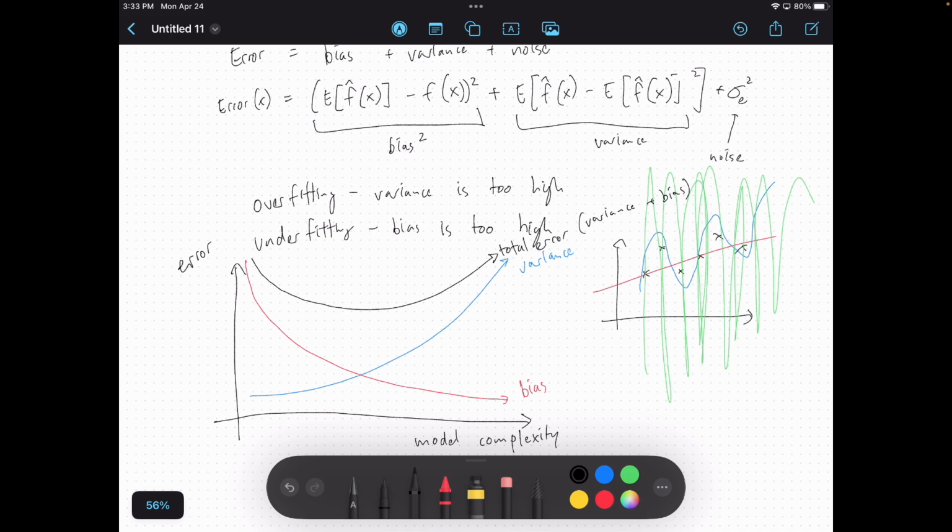Let's do questions. Yes. Will the total error always follow the same shape? Yeah, in practice, so yes. This type of relationship is generally pretty much what you'll always find. In practice, the way the variance relates to the bias may not be as straightforward.